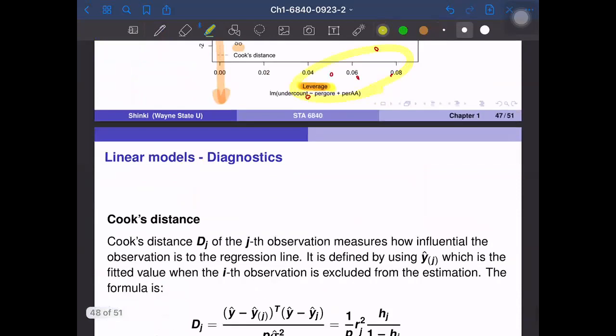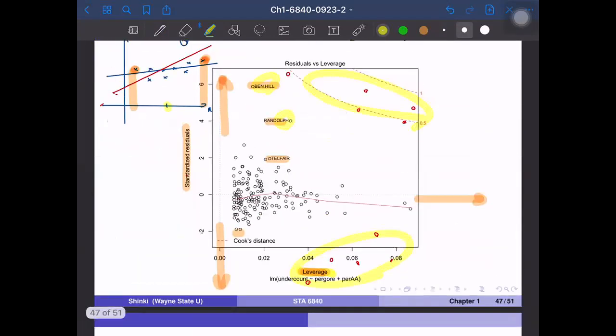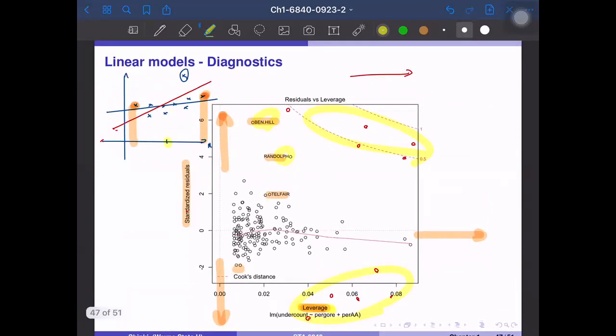But here, we don't have the formula, but the textbook discusses the formula. And here, we have some contour plot for so-called Cook's distance.